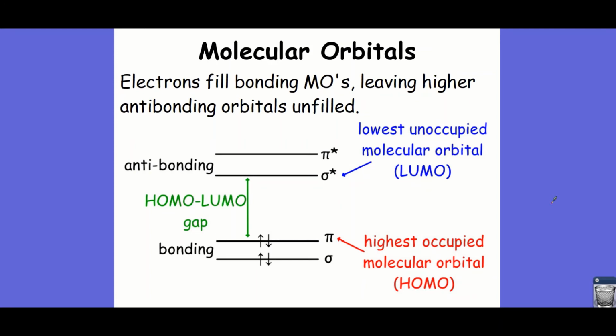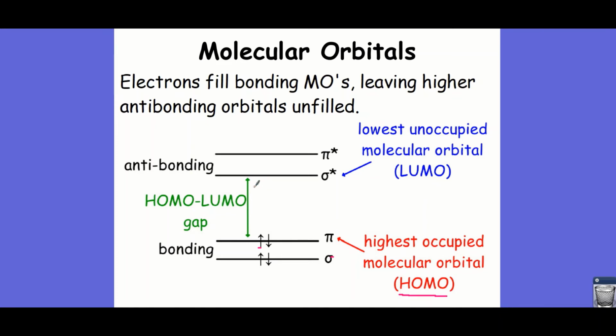A couple of terms for you to learn here. We have our bonding orbitals, which might be sigma and pi. Electrons will fill these in order of increasing energy. Then we have our corresponding anti-bonding orbitals, sigma star and pi star. The bonding orbital in which your last electron is placed is called the highest occupied molecular orbital, or HOMO for short.